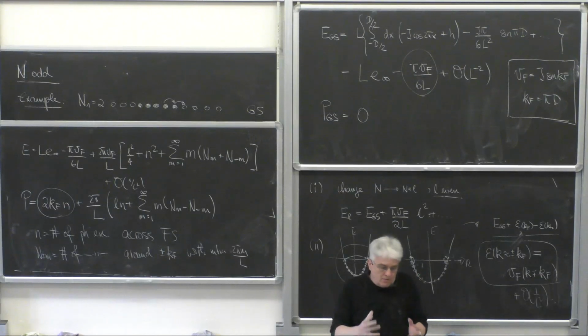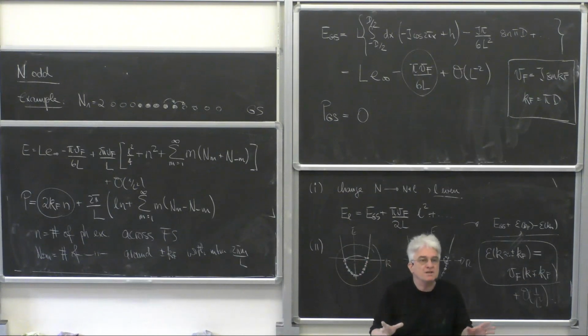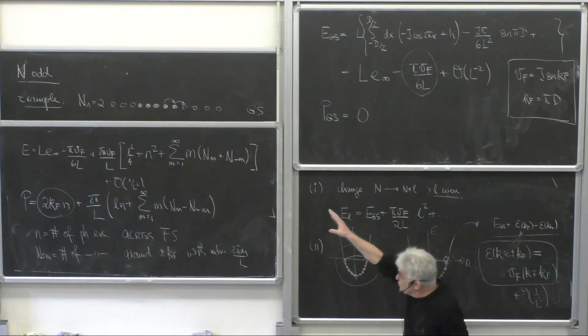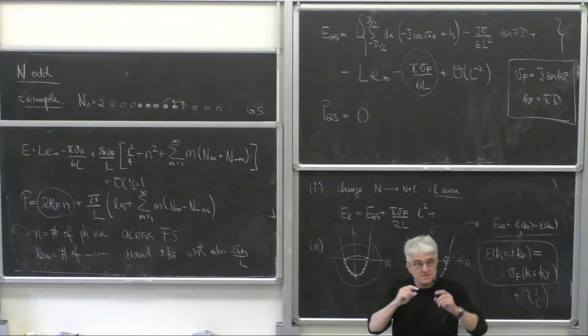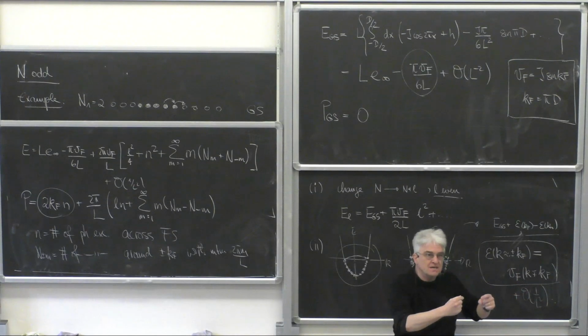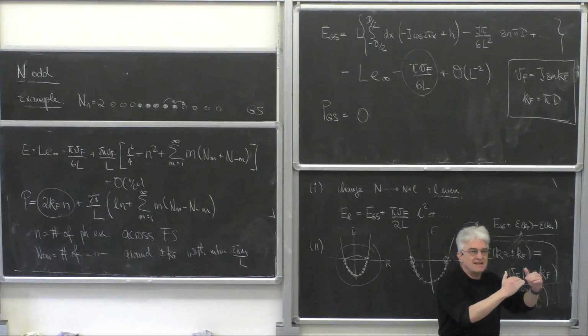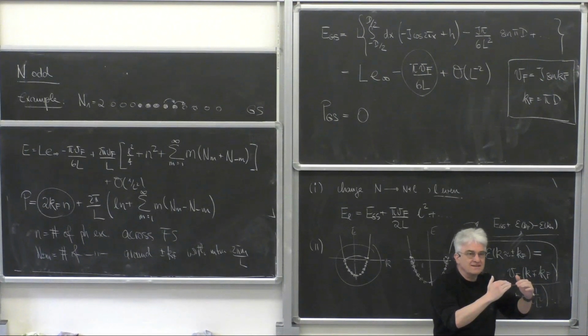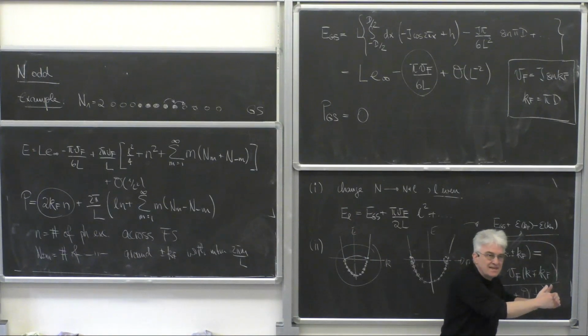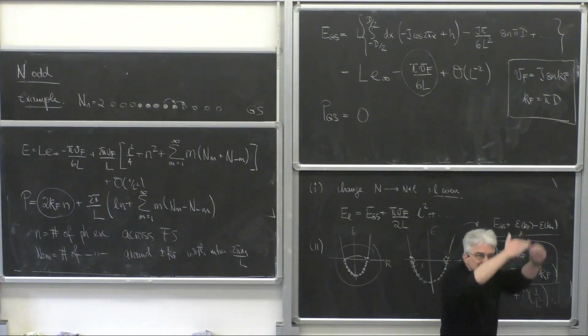Now what you're asking, well, what if I want to change it by 1? Okay, so what I need to do is I have to forget about this now, because now I'm in the other sector. Yeah, so I start by computing the ground state energy in that sector. Yeah, and then constructing the same kind of excitations I had here over that ground state. That gives me another set of energy levels.